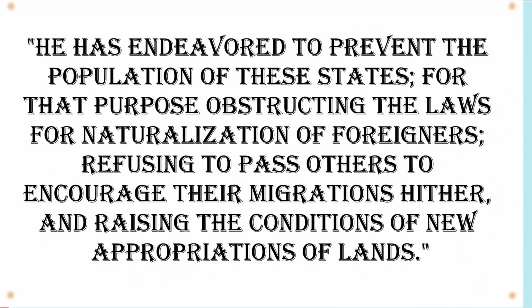He has endeavored to prevent the population of these states, for that purpose obstructing the laws for naturalization of foreigners, refusing to pass others to encourage their migrations hither, and raising the conditions of new appropriations of lands. So the king wanted to restrict or discourage immigration of German immigrants, among others who were conservative, not Anglican, and opposed to British rule.